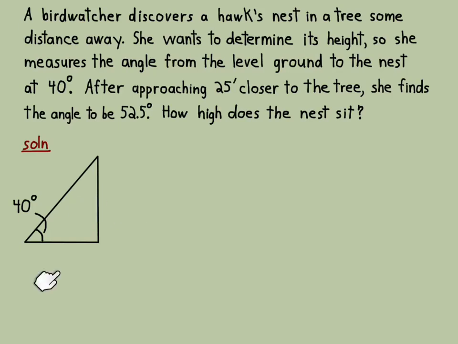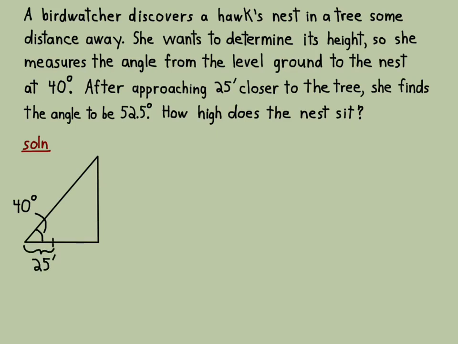I don't know this distance here at all, and I'm not given that distance. Notice what I am told is that if she approaches 25 feet closer to the tree, so she goes from here over 25 feet, then the angle to the nest will be 52.5 degrees.